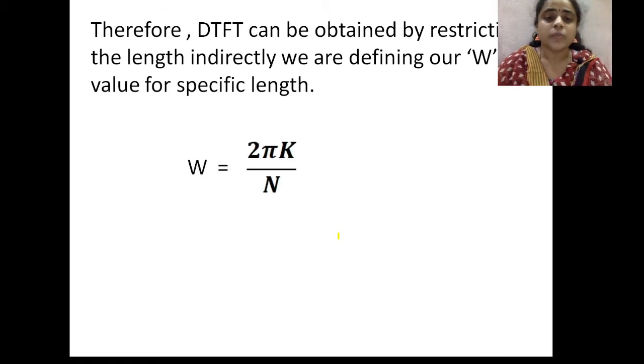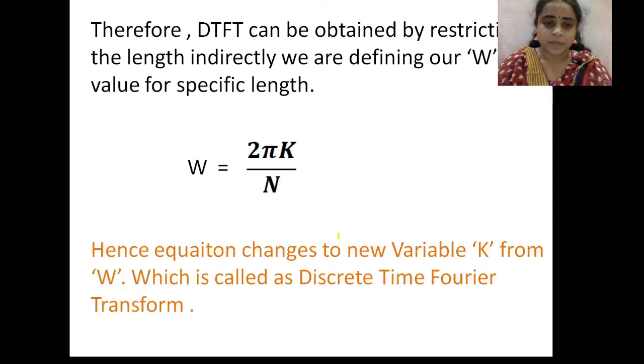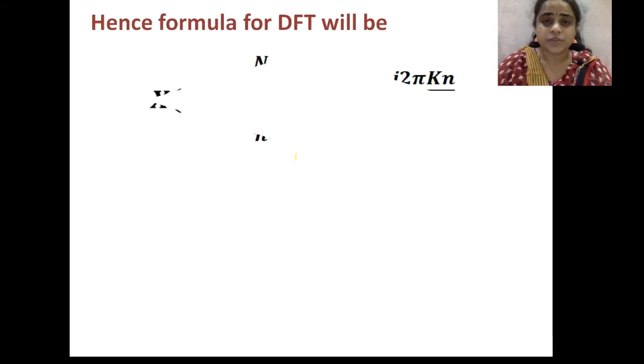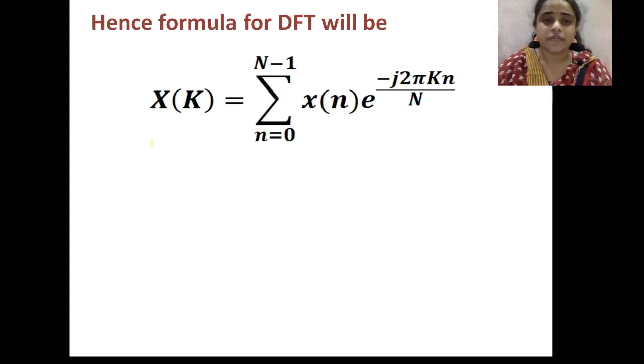So omega is equal to 2 pi k by N. Hence this has changed: omega is equal to 2 pi k by N. By substituting both, we would get X of omega, but directly we get X of k here.